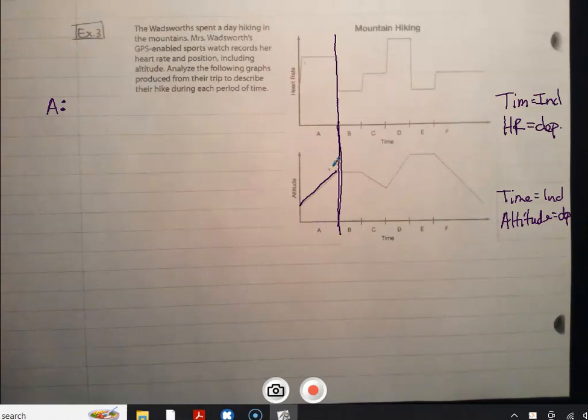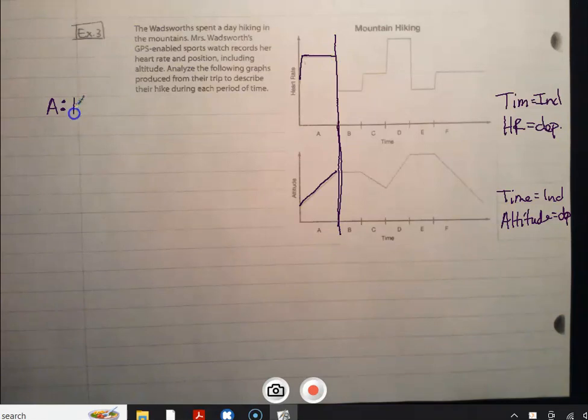So in A, she's climbing up a mountain, and what's happening? What's going on with her heart rate? It starts here, it shoots up real fast, and then there. So what can you say about her heart rate? Okay, you could say her heart rate rose or it elevated.